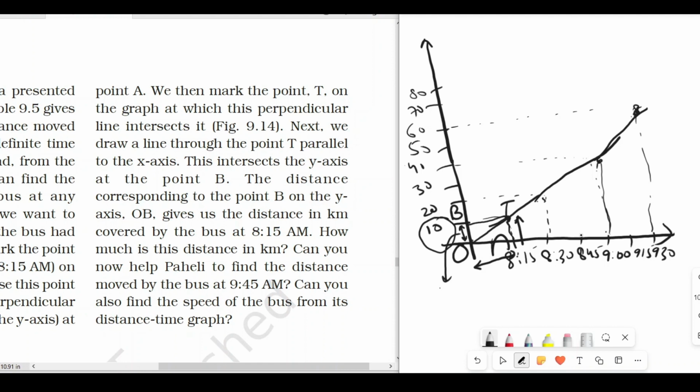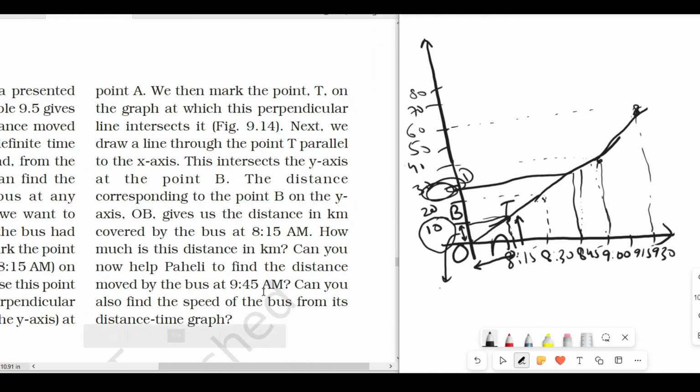Similarly, if you want to find out how much distance it covered at 8:45, you draw again a perpendicular to x-axis, and then from that point a perpendicular to y-axis, and you'll get how much distance it covered at 8:45, which is from O to let's say D, which is 30 kilometers. How much is this distance in kilometers?